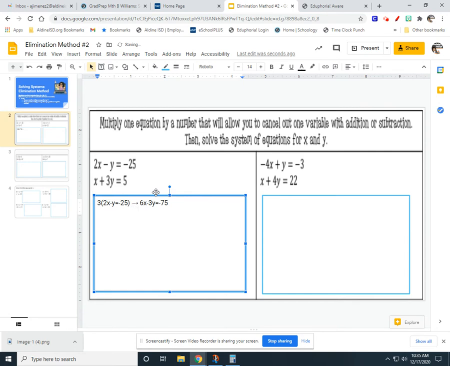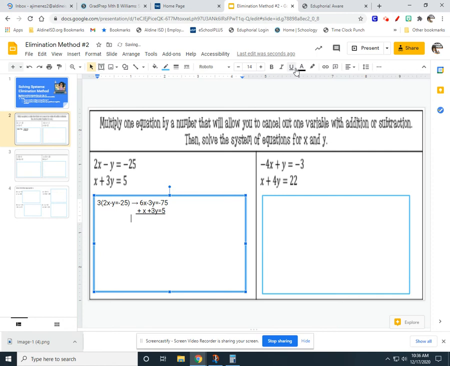And we're going to put plus x. And it went all the way over here, didn't it? All right, let's undo that real quick. Plus x plus 3y equals 5. I'm going to underline it because this is what's going to be our result after we do this.